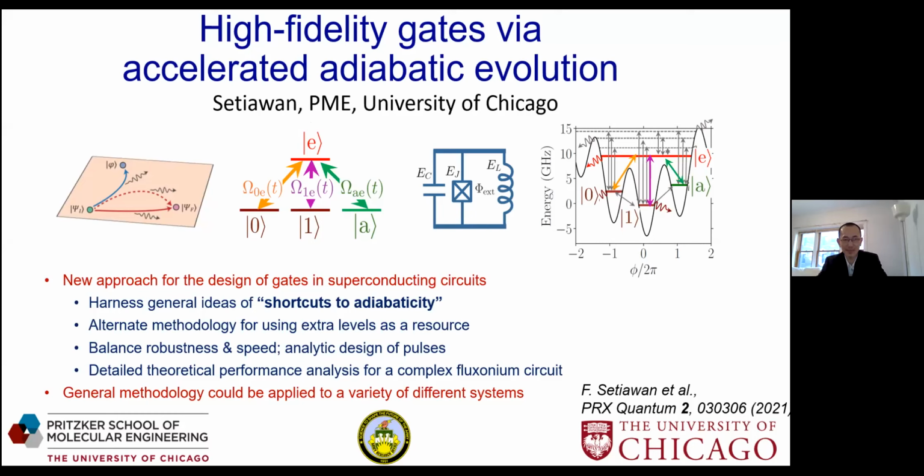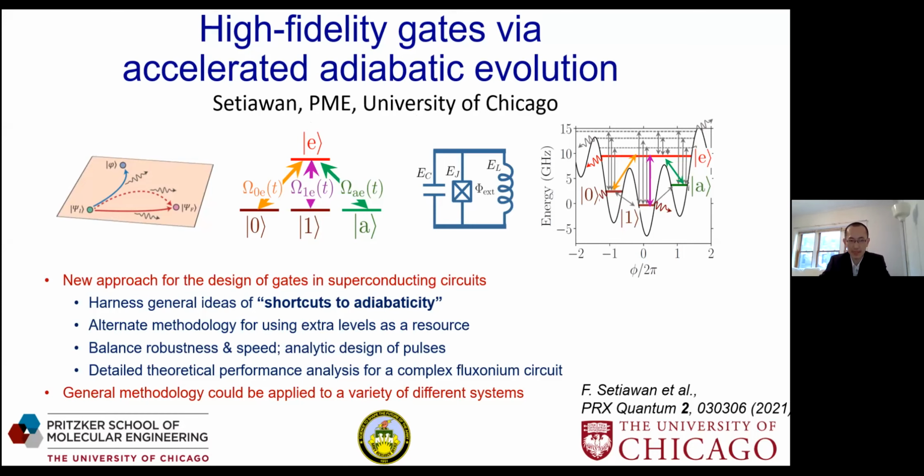So basically, I'm going to use the so-called shortcuts to adiabaticity, or accelerated adiabatic approach, to design high-fidelity gates in superconducting circuits. This shortcut to adiabaticity is basically an alternate methodology where we use non-computational states as a resource to design gates.